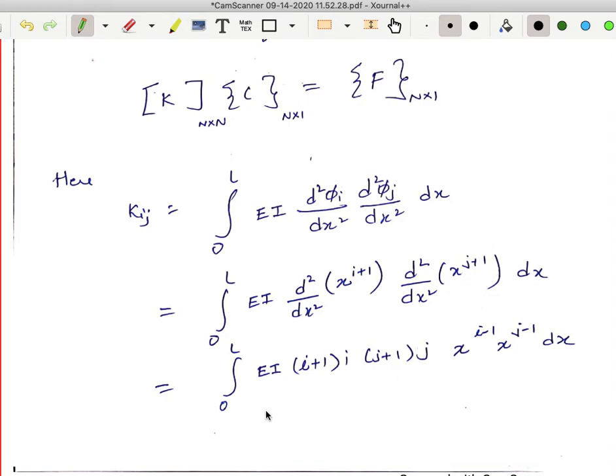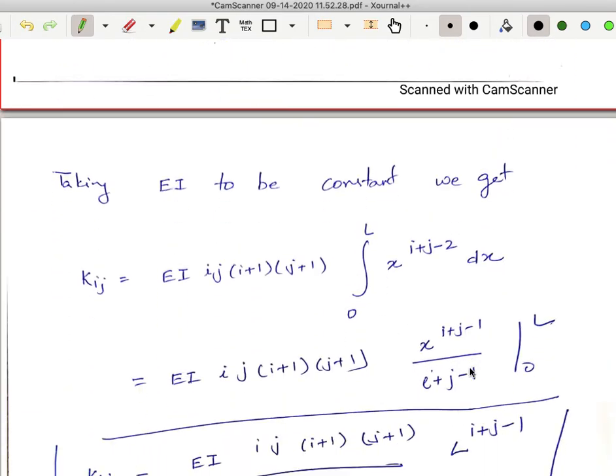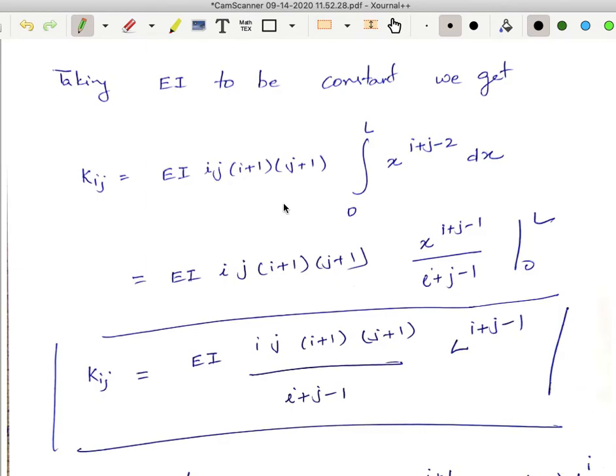It is simple calculus. If you evaluate it, taking EI to be constant, we get Kij equal to EI into i into j into i plus 1 into j plus 1 by i plus j minus 1, into L to the power of i plus j minus 1.